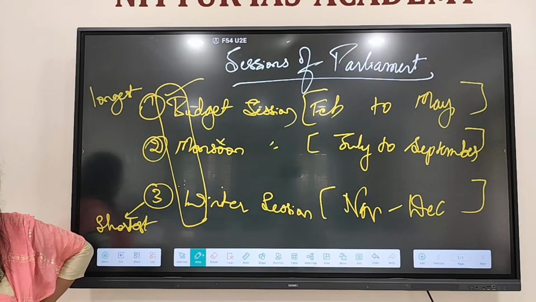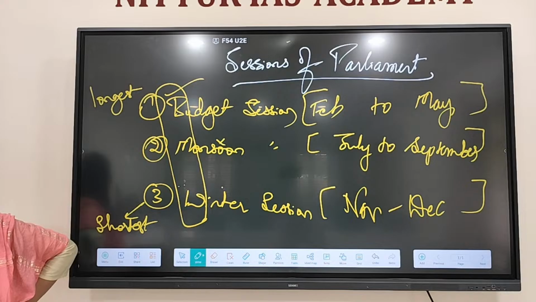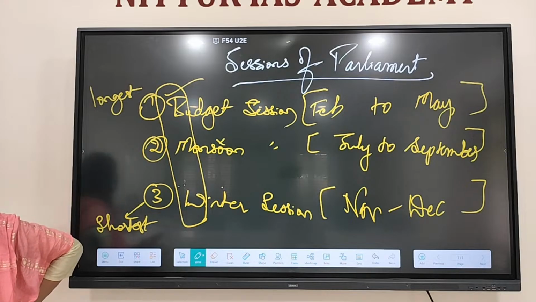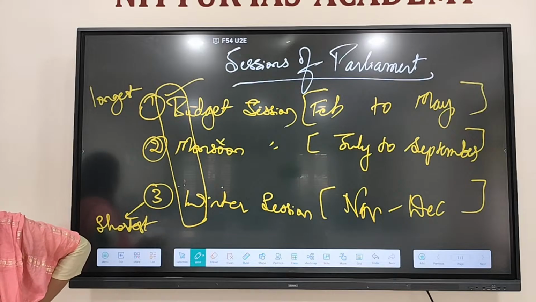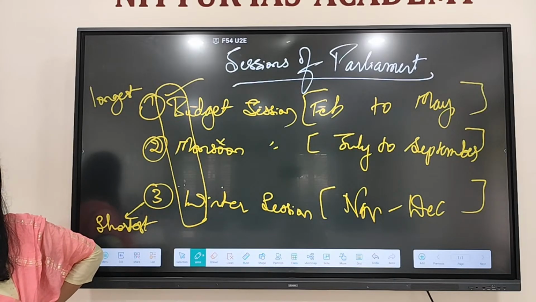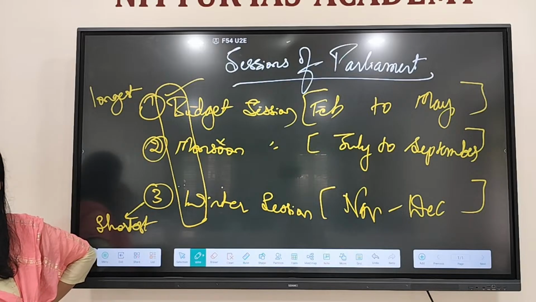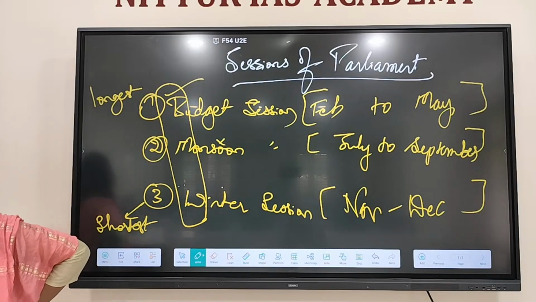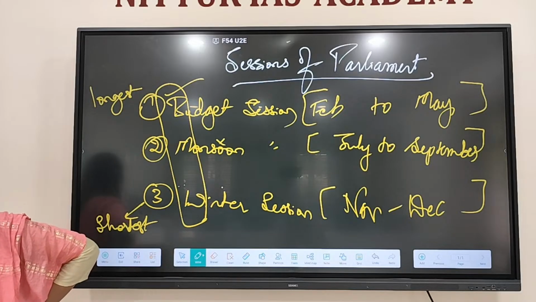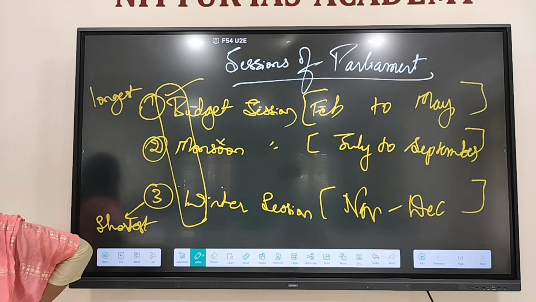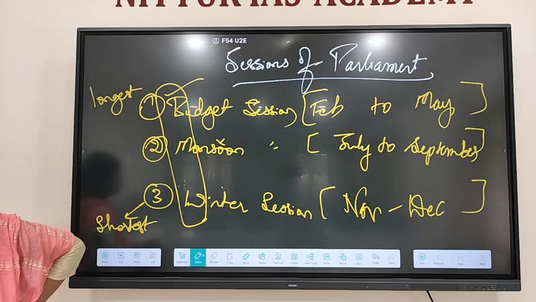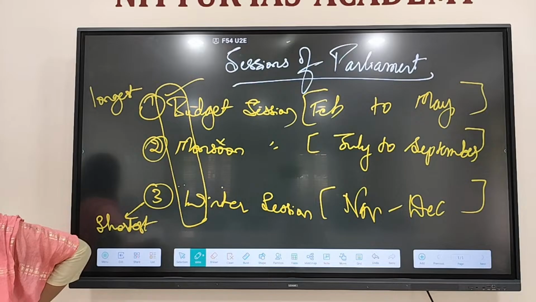The president will summon each house for the session. The one who summons is the president. The president will give the notice for conducting the sessions, but the session will be presided over by the presiding officers. Someone has to start and initiate it by saying come. The one who summons is the president. The president will send the notice to both the houses to start the session. They say to conduct it; when will you do it, all those details should be given to the president.